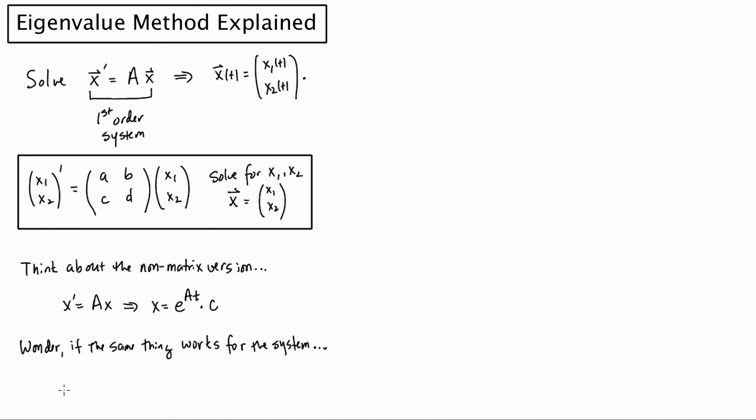What I mean by that is, if we have the system version of this instead, is it still the case? So this is a question mark to us. Is it still the case that x is e to the at, where a is now a matrix, times c, where c is a vector?